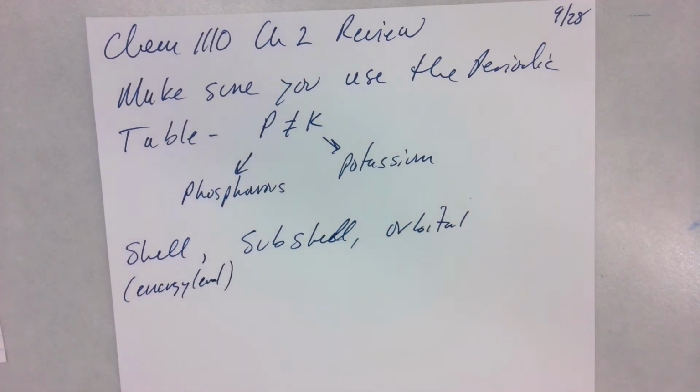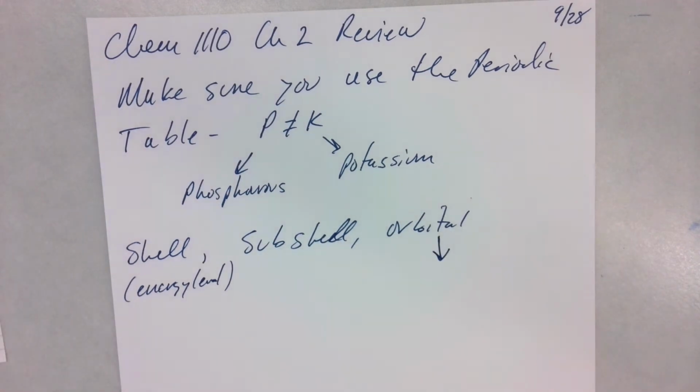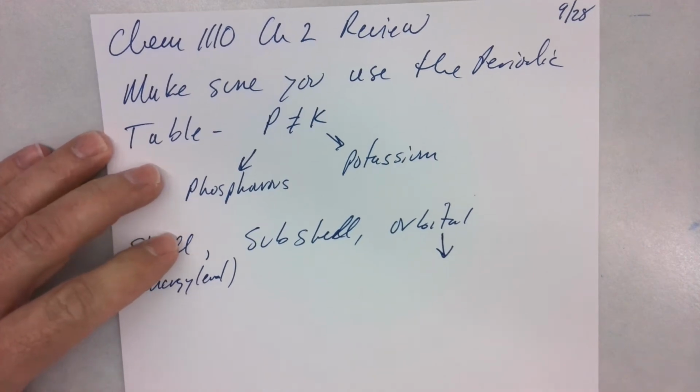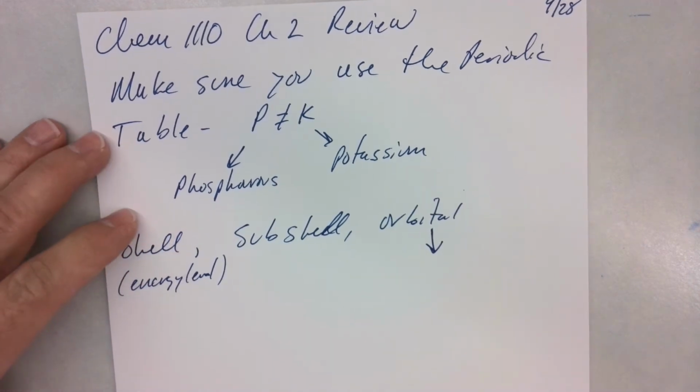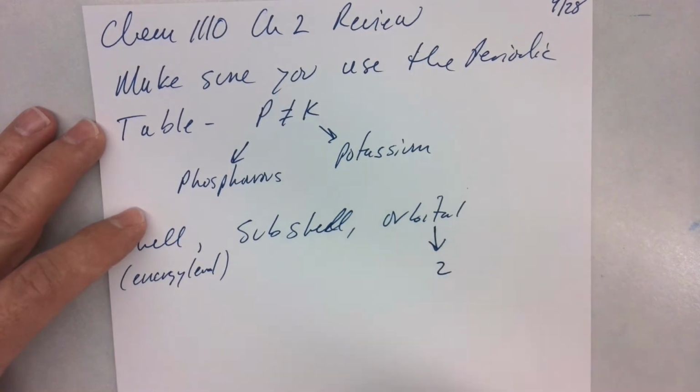Okay? Now, when they use the word orbital, they'll ask you a question like how many electrons can be, this was right off the homework, in a 4D orbital. What's the answer? 2.